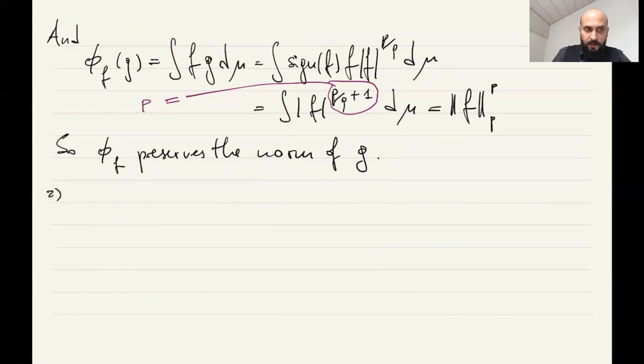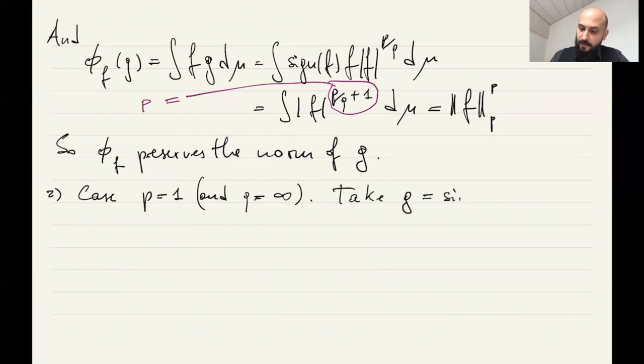Let's consider the second case, when p is 1 and therefore q is infinity. Now in this case we take g to be just the sine of f, which is a bounded function, bounded by 1, and the essential sup norm is 1.